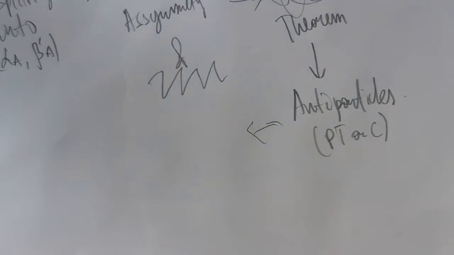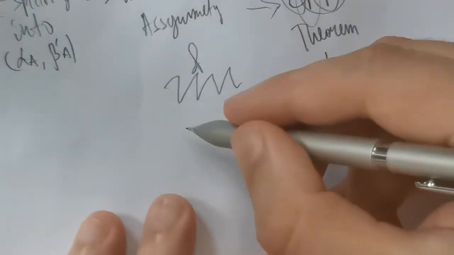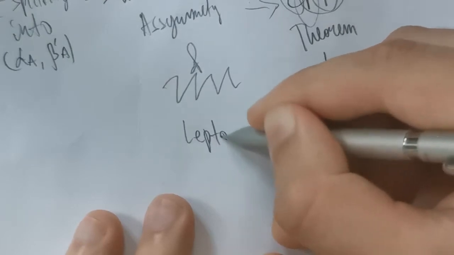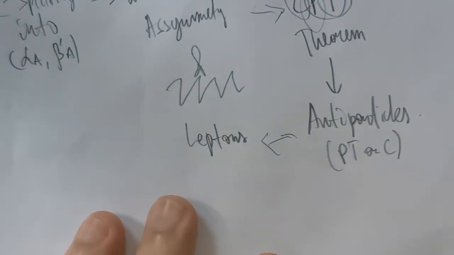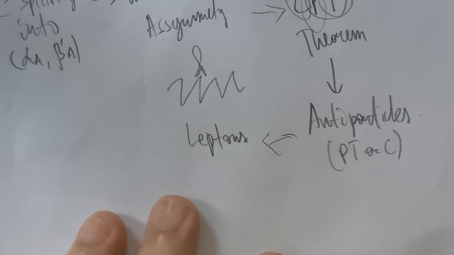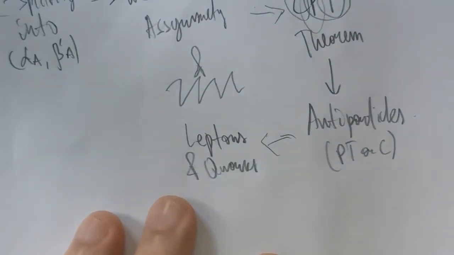He just states, probably I think from experimental information, that we should think about leptons, and leptons are electrons and their families, like muons and tauons, and also the corresponding neutrinos, and also quarks. So leptons and quarks are particles.